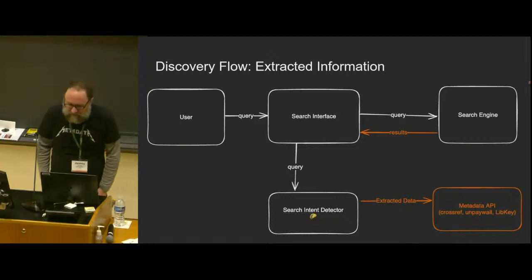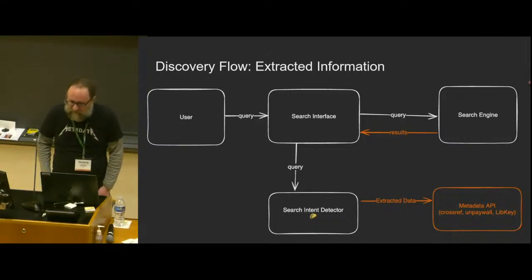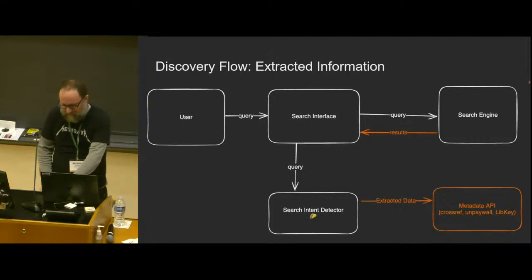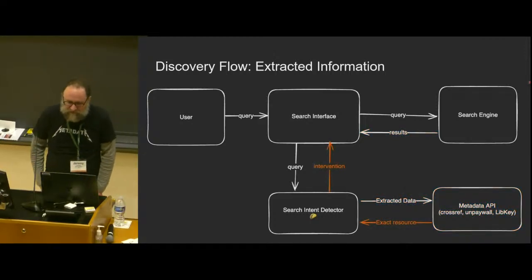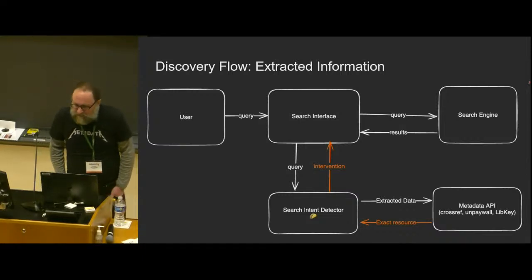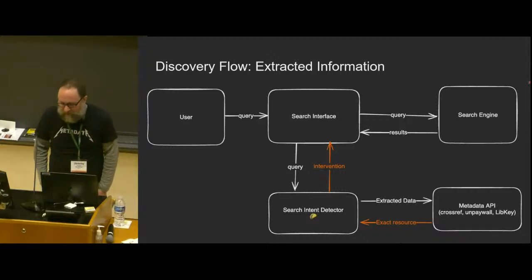But if the detector gets certain types of matches, then it looks up extra information using third-party services like Crossref or LibKey. The intent detector then sends back an intervention to the search interface, which adds it to the UI in a prominent position. This intervention can either be a JSON object that gets rendered by the interface or an HTML fragment that gets injected directly into an existing interface, which can be really helpful when we have less control over the interface's rendering templates.